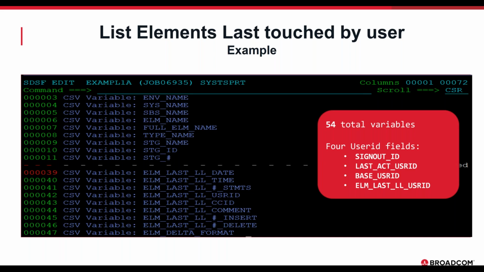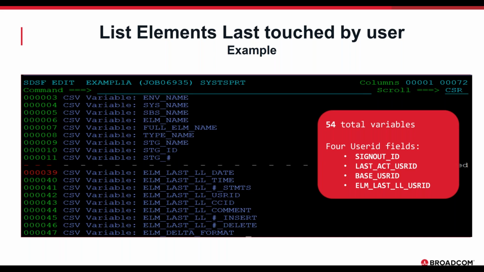This being a comma separated value output for list element action, I counted 54 variables. That's a lot. These are the same values that you as Endevor persons will see on the master display on an element. If you recall, there are like 3 screens of information that you can see by doing a master display.